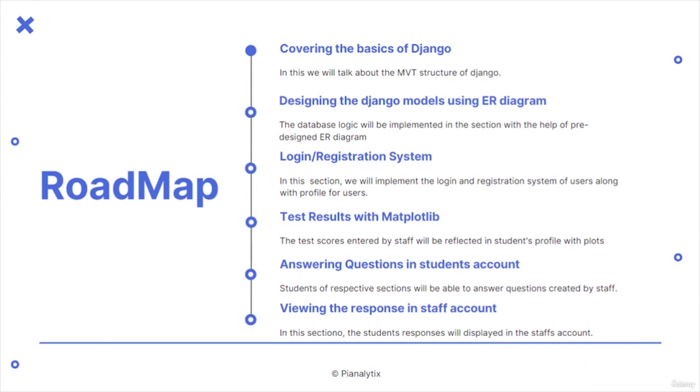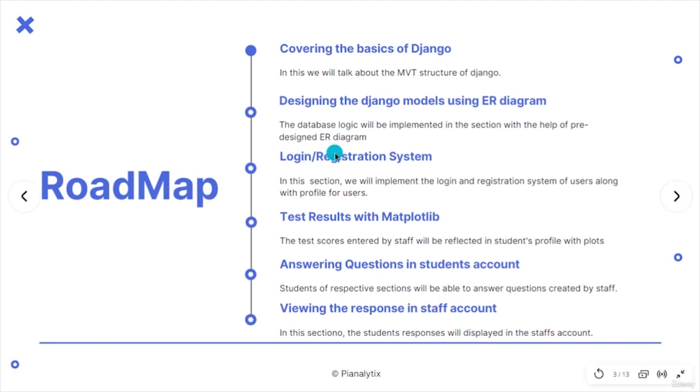Okay, so I'm just going to provide you an exact roadmap of how you're going to finish the project. So first we'll just cover the essentials of Django. The MVT architecture might be confusing, so we're just going to cover that, and then we are just going to build the database with the help of an ER diagram. So I have the ER diagram built. We are just going to build the Django models for our application.